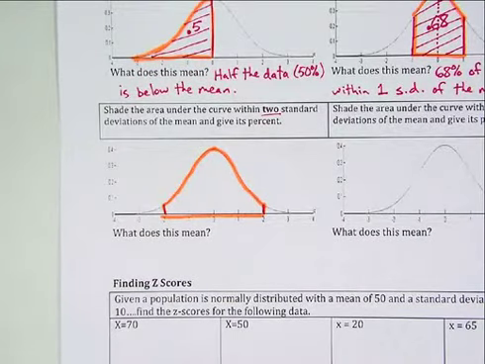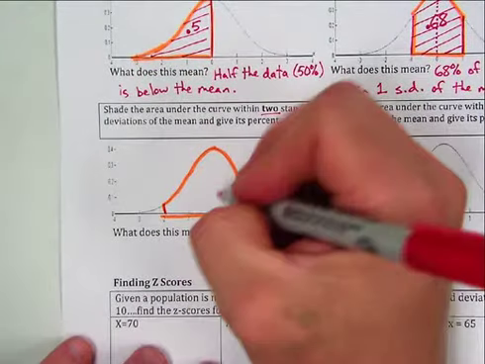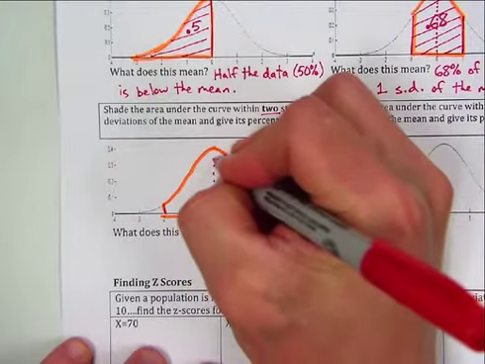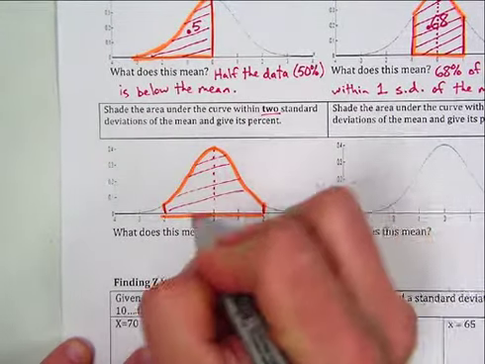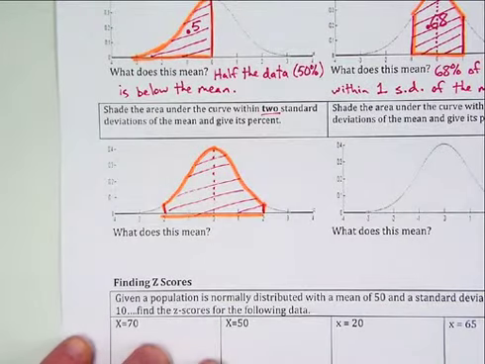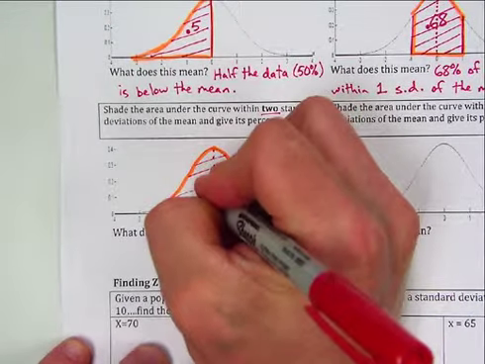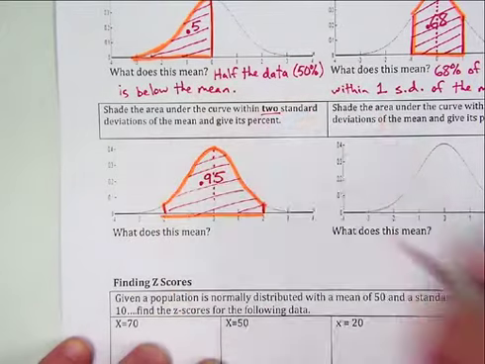Okay, so we're looking for this area right here, and here's our mean. And it turns out the area under this is about 0.95.